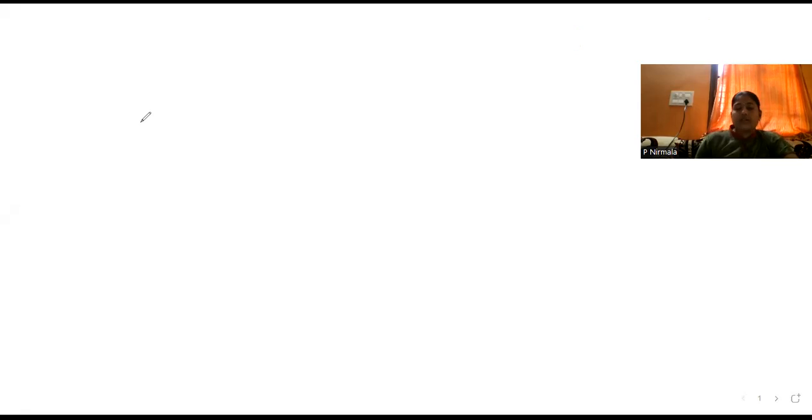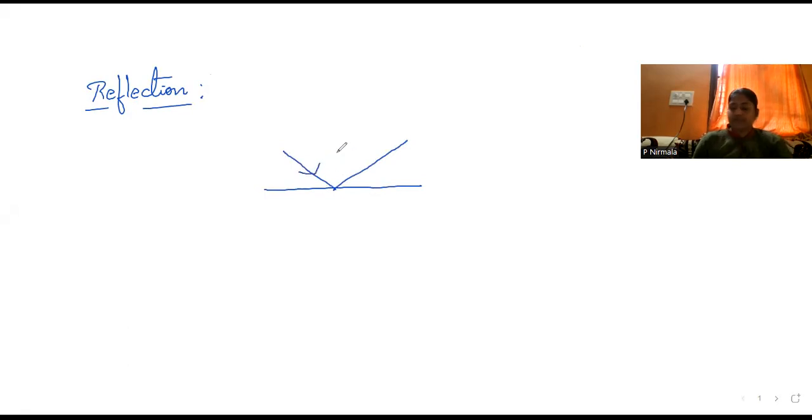Look here. In this chapter, first, reflection. You have studied reflection in the previous standard. You know that if light is incident on any surface, it will definitely reflect. You have already observed this in real life.